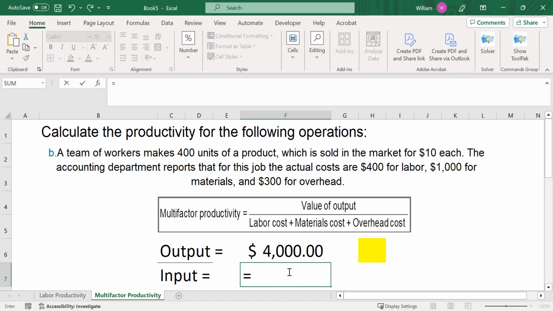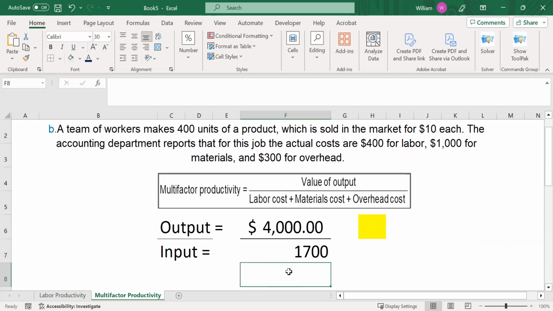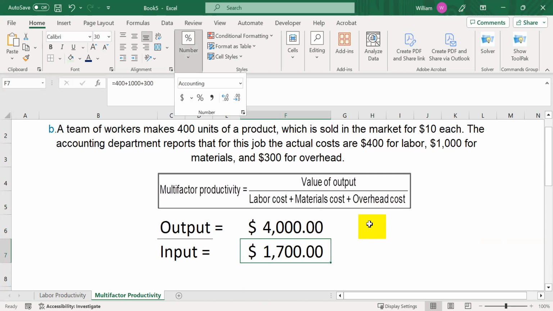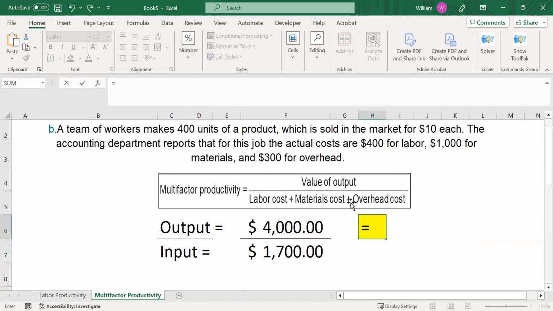So that means we're going to have our labor cost at 400 added to our material cost of 1,000 added to our overhead cost of 300. And this, again, is in dollars. So if you divide these two, we get what's called a multi-factor productivity metric.